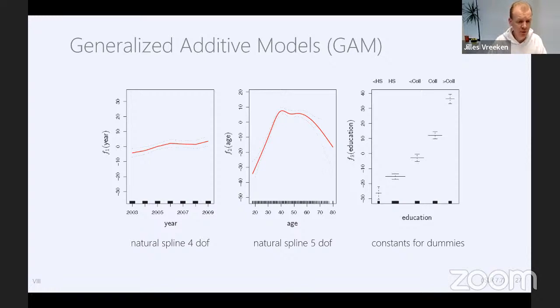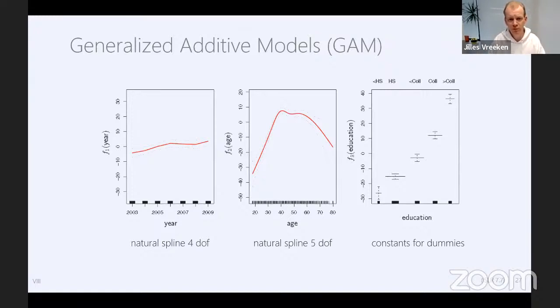We can now, in order to predict the wage, have the function over year, which does not have to be linear anymore, even though it looks quite linearish. We allow it 4 degrees of freedom, but as you can see, for year, linear is kind of fine. But of course, nonlinear allows us to basically say, okay, look, in 2007, 2008, the average wages did not rise as much.